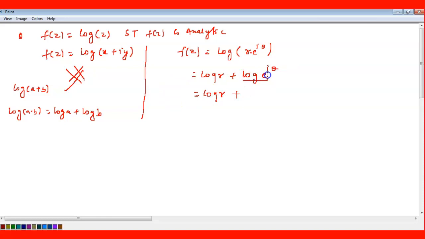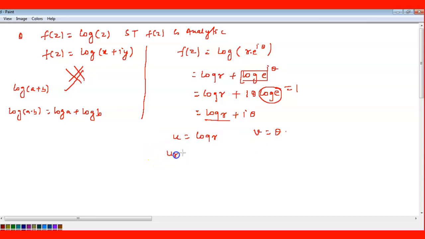Log and anti-log will get finished here. Log e is equal to 1. So you can write log of r plus i theta, where this is u and v is theta only.